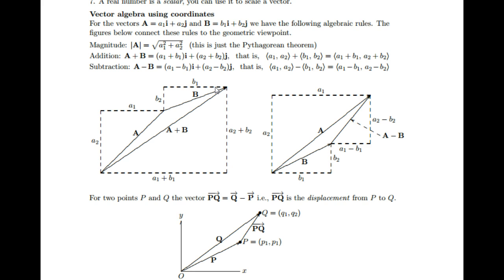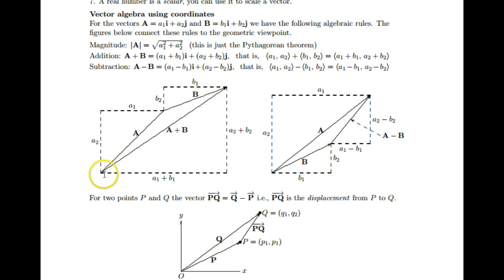So to get the vector A plus B, remember we said we put the tail of B at the head of A, and to get the sum, the vector that's the sum of the two, we start with the tail of A and go up to the head of B. And we can see that in the i direction we're going A1 plus B1, right?